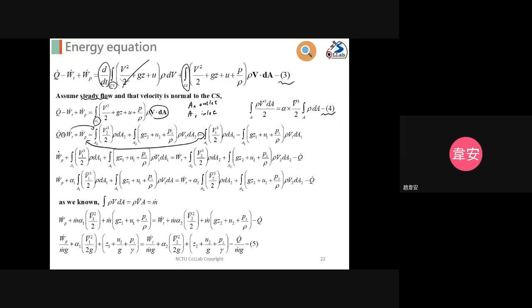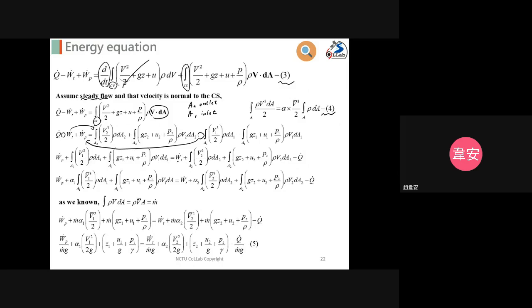So we have the W_p here, and there are the velocity items along the control surface. So we move out, and another integration along the cross-section area is gz1 plus u1 plus p1 divided by rho.